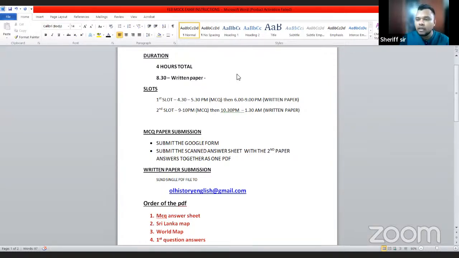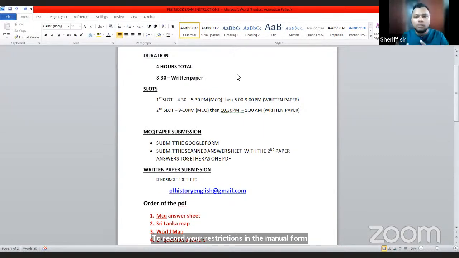Okay, and at the same time, you also need to record your responses in the manual form. The manual form is what you will be getting in your real O levels. The real O levels is not a Google form, right? It will be a manual form. So you need to transfer all your answers to the manual form as well.